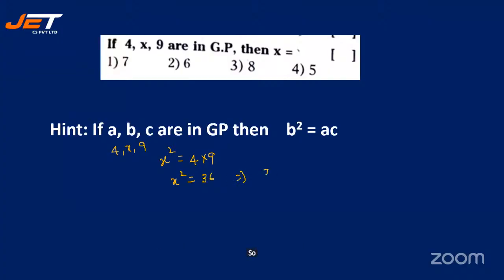Then x is equal to square root of, x square is equal to 6 square. So you will get the value of x as 6. Let's see the answer here. It is 6. So if you had opted for 6, then your answer is perfect.